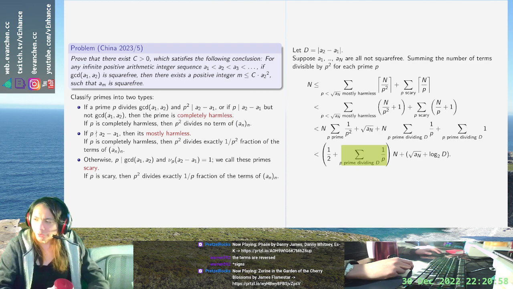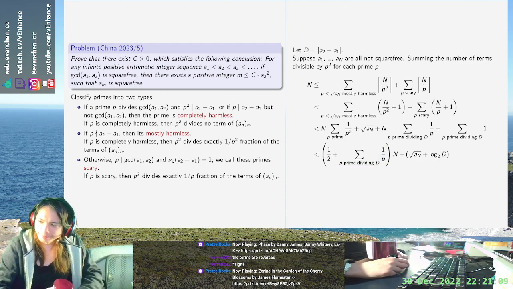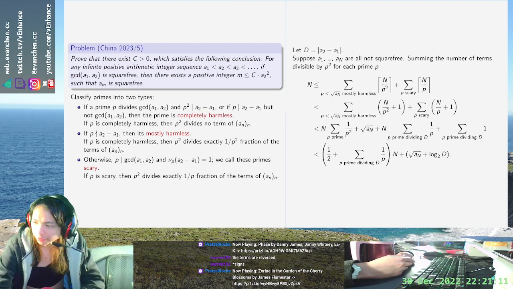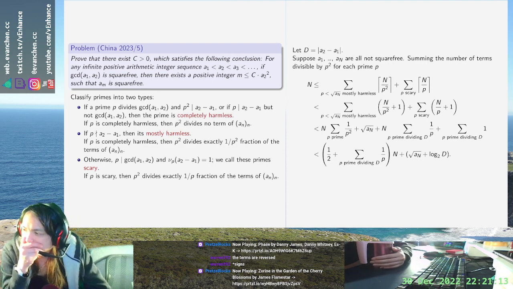Oh wait, oh no, actually this is bad. This thing can diverge if capital D has lots and lots of primes dividing it. I can't just use prime divisors of D. Wait. Oh wait, hang on.